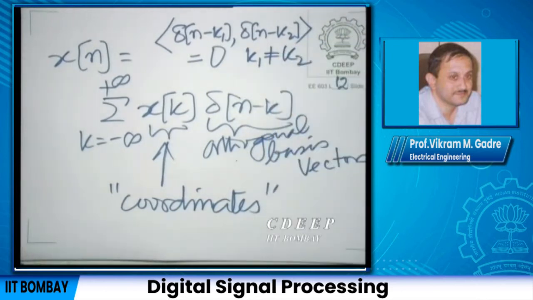So, if the impulse sequences have the non-zero sample located at different points, their dot product is automatically 0. That is obvious because the non-zero samples do not overlap. So, these are all perpendicular directions, so to speak. Any sequence can be constructed from all these countably infinite perpendicular directions.